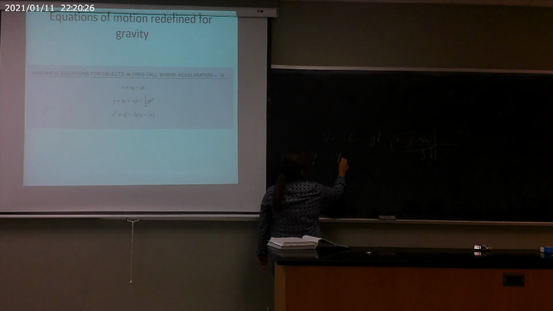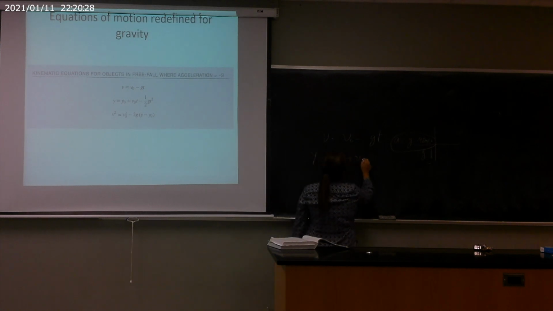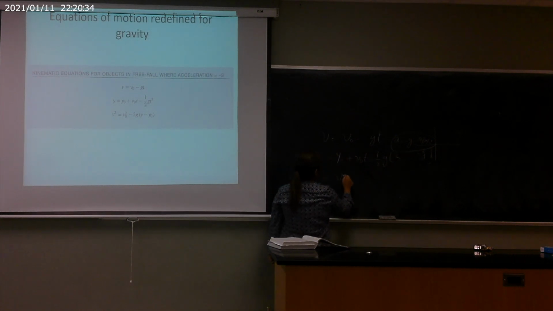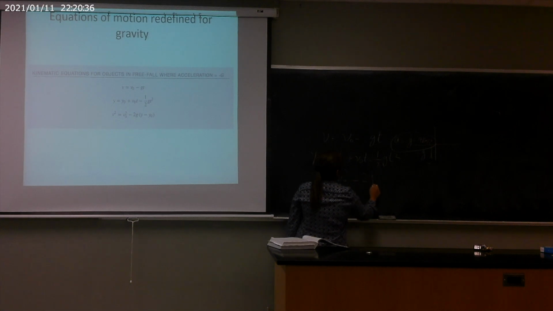y is equal to y naught plus v naught t minus half g t square. Final equation: v square equals v naught square minus 2g delta y.